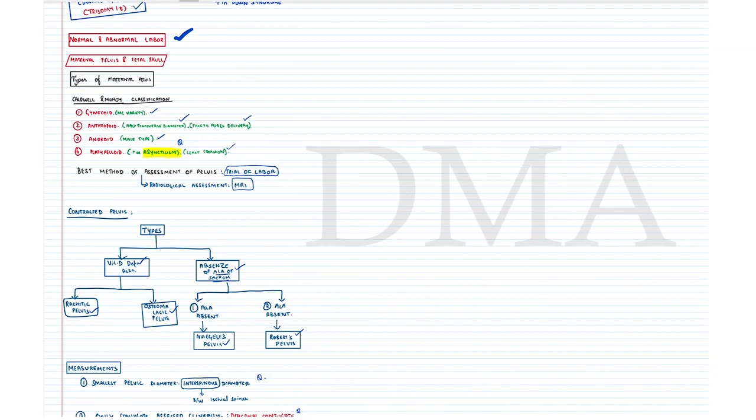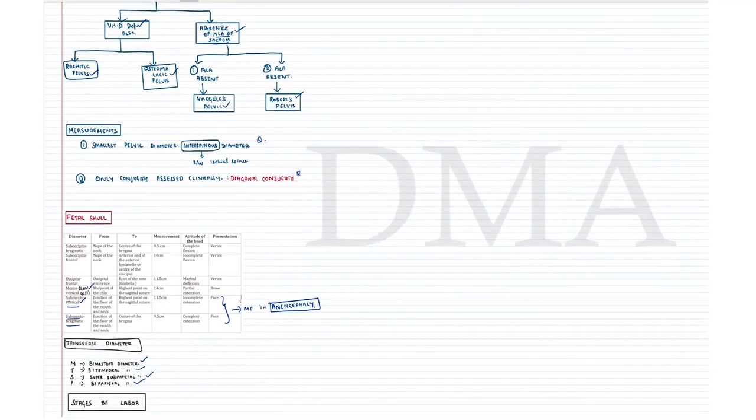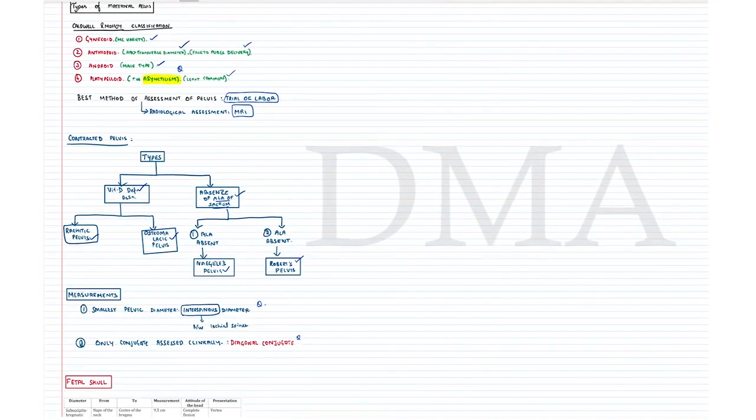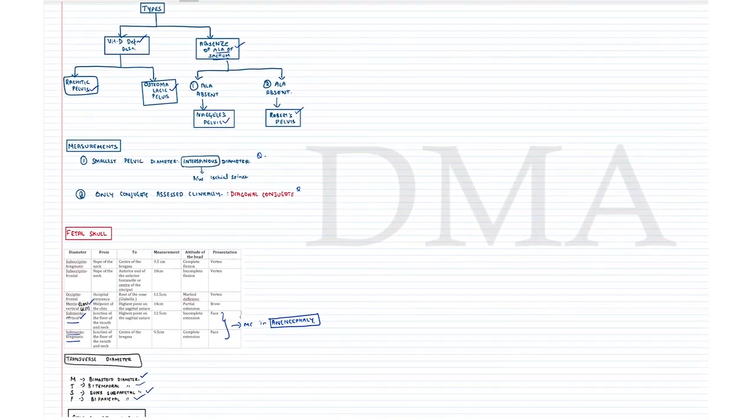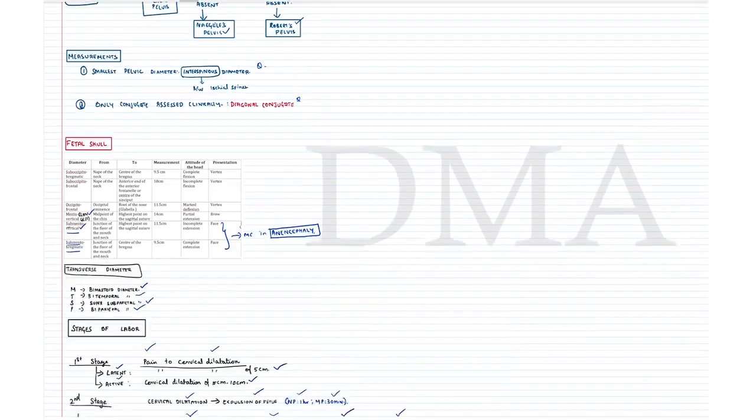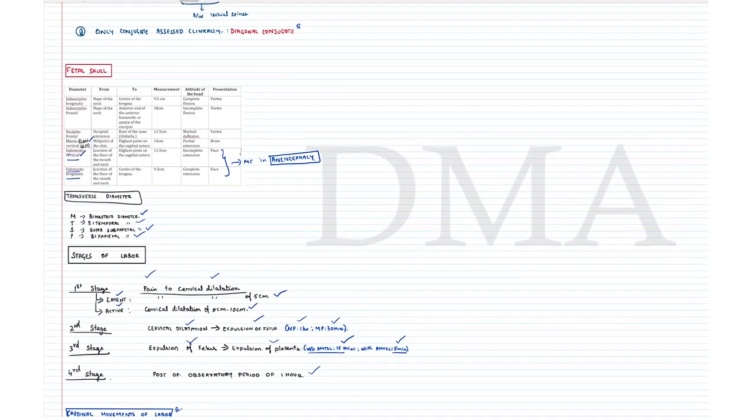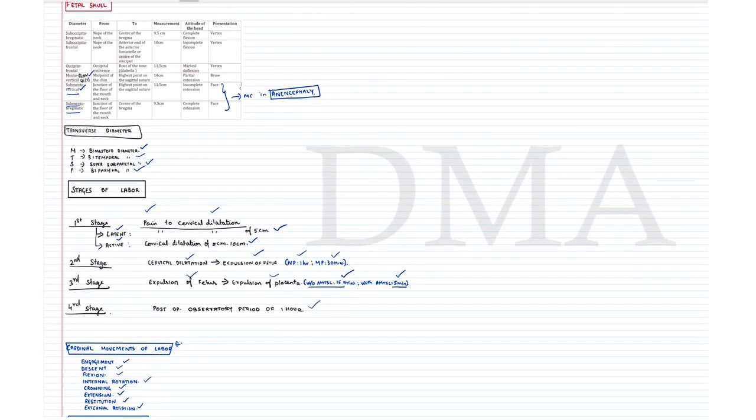One ala absent, Naegele. Two ala absent, it is Robert. Important measurements: the smallest diameter is the interspinous diameter, then clinically assessed conjugate, diagonal conjugate. Face presentation is seen in anencephaly. The longest diameter in the fetal skull is the mentovertical diameter.